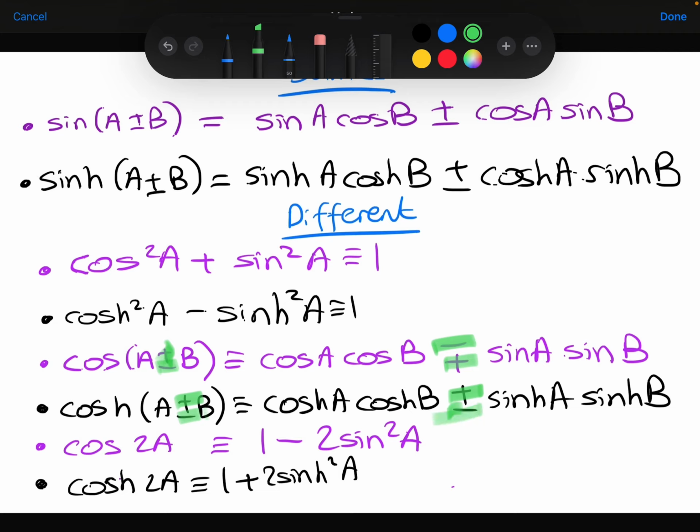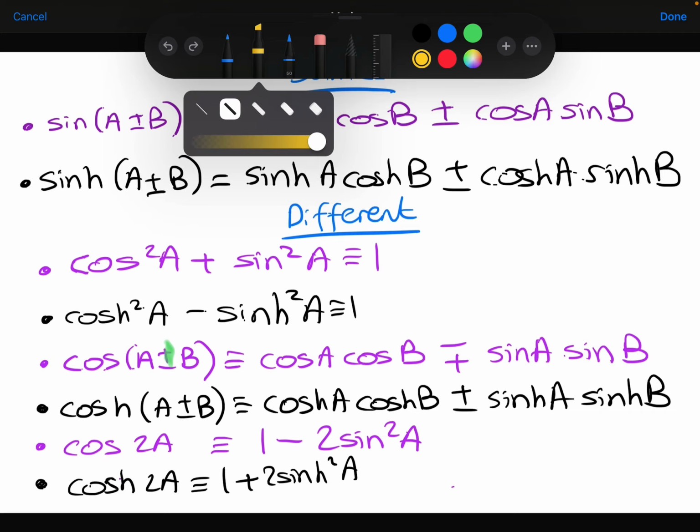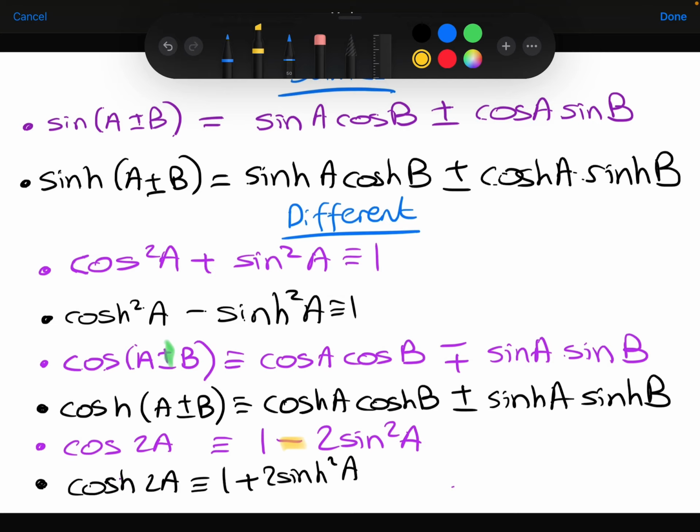So in comparison to the trigonometric identity, the signs have flipped. And then the other one we just saw, the cos double angle formula, is usually 1 minus 2 sine squared A. But we just proved a moment ago that with the cosh double angle formula, we have 1 plus 2 sinh squared A. So notice how these signs are flipping.